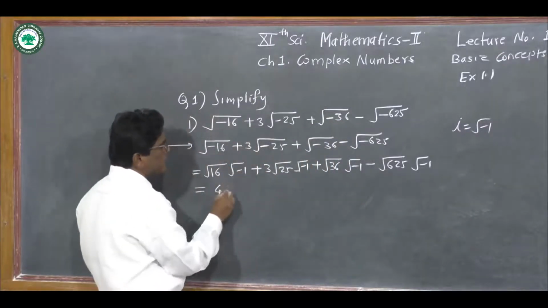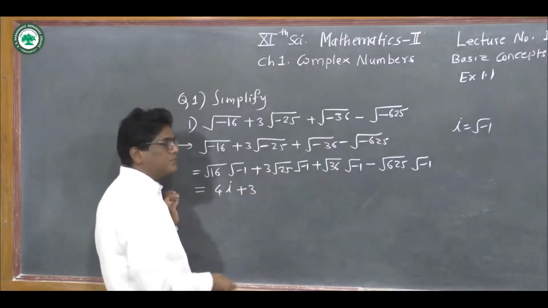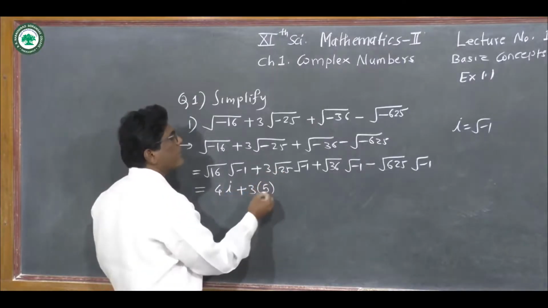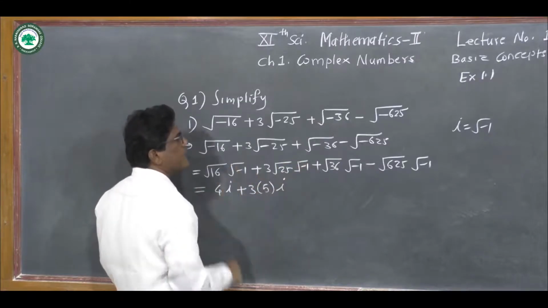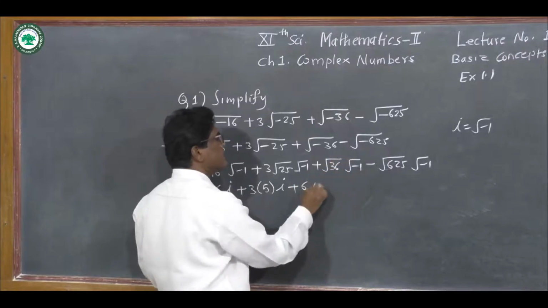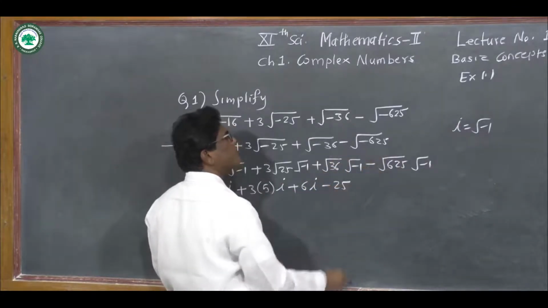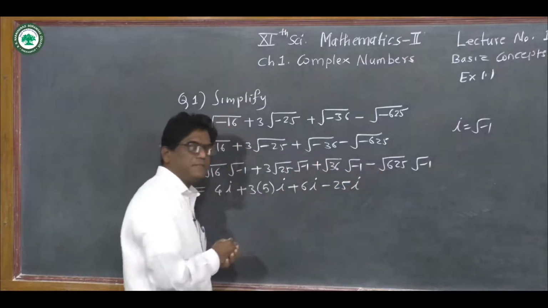So this root of minus 1 is i, plus here 3. This root of 25 is 5, so 5 into root of minus 1, which is i, plus root of 36 is 6, root of minus 1 is i, minus root of 625 is 25, root of minus 1 is i.